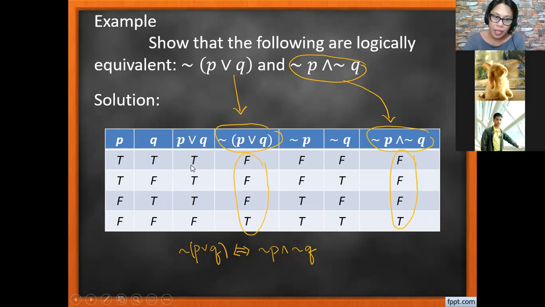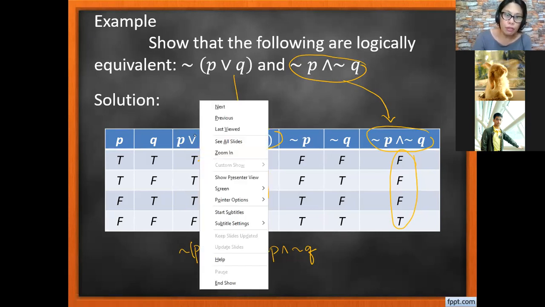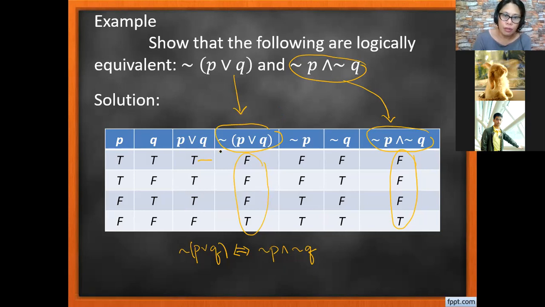We will just get the negation of all of this. So if this is true, its negation must be false. True, false, false, true. So, that's how we get this one.